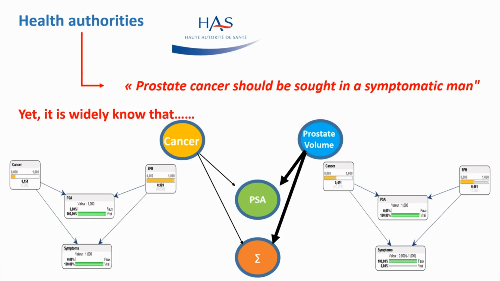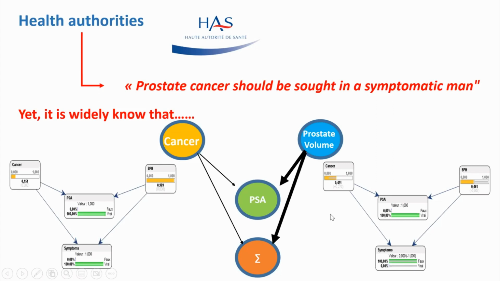The statement that PSA screening is not recommended for asymptomatic men was followed by a recommendation to use prostate-specific antigen for symptomatic men. But as you can see here, it is widely known that the prostatic volume in benign prostate hyperplasia induces an increase of PSA and an increase of symptoms.